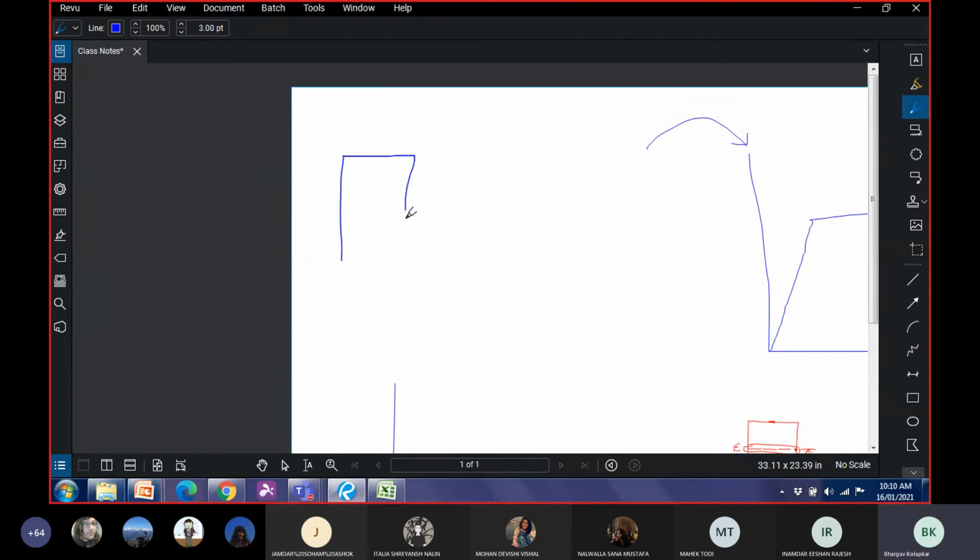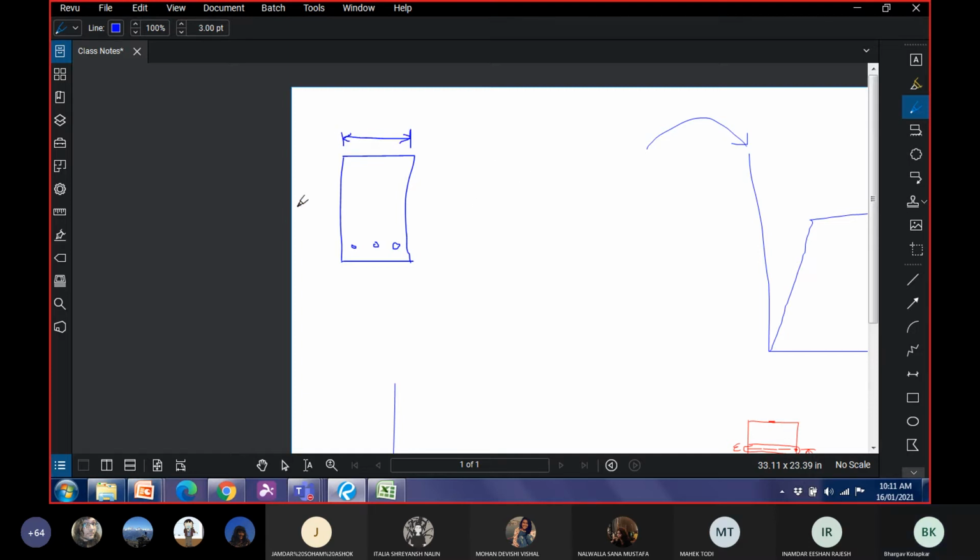So if this is my cross section wherein I have put reinforcing steel at the bottom, a simply supported beam, what I will consider while designing it, and when I say design, I mean fixing its dimensions, fixing the amount of reinforcement, and so on.